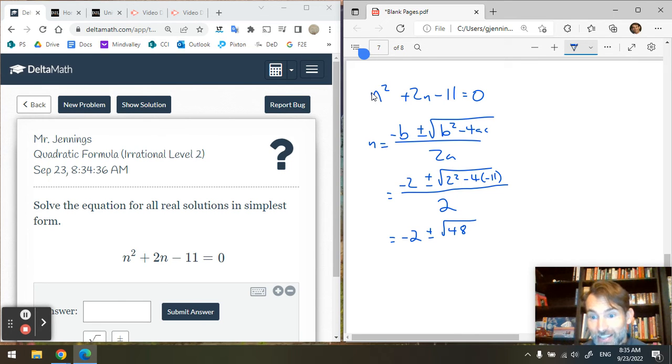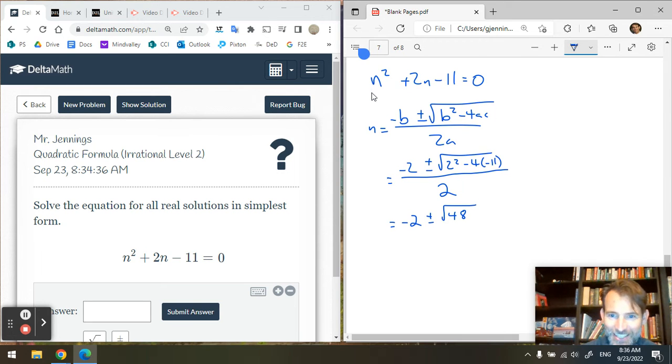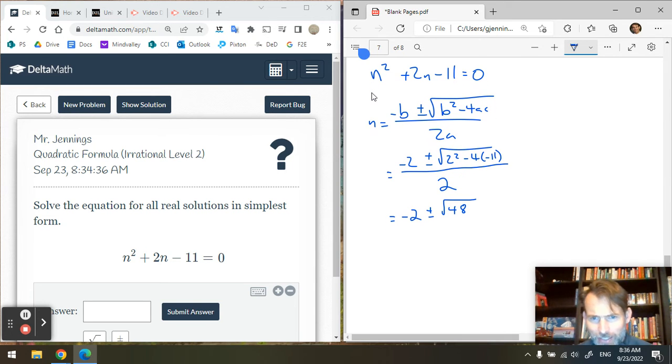Oh man, that's got some perfect squares in it. 48 is divisible by 16. Yes, it's divisible by 16. So it's 16 times 3, right? Yes. That's been a long day, okay? 16 times 3. All right, all over 2. Okay, I just simplified the discriminant there. It's 48.